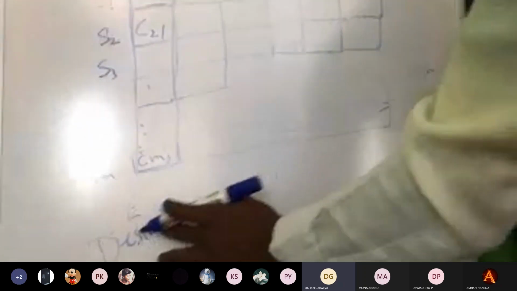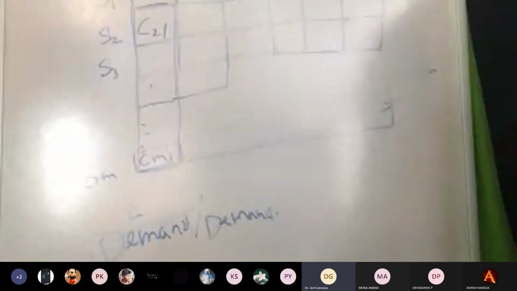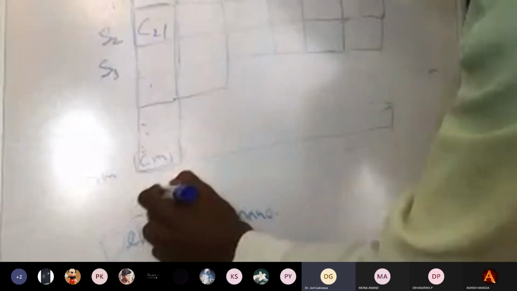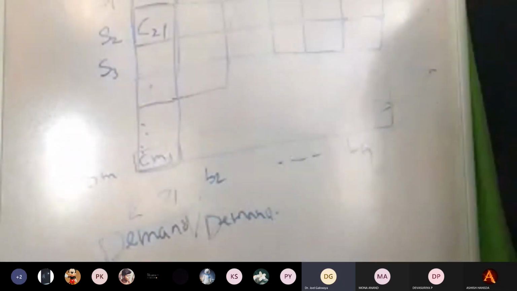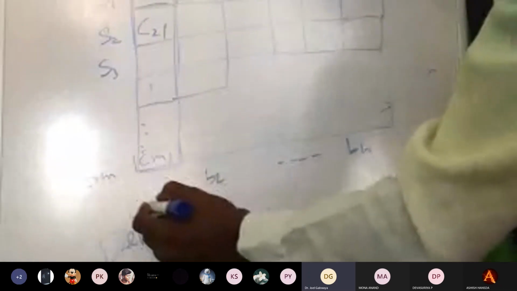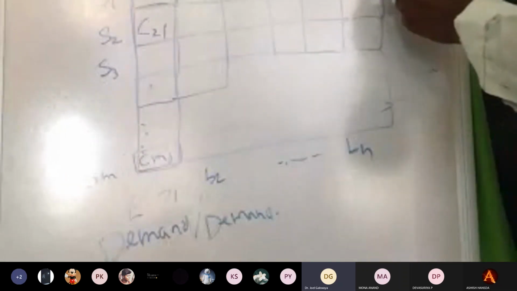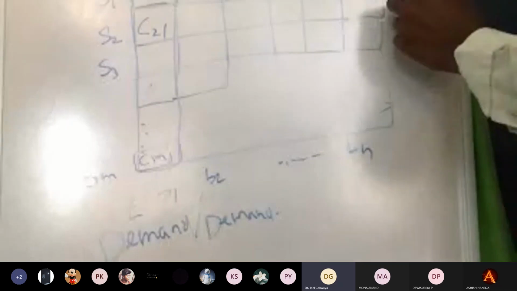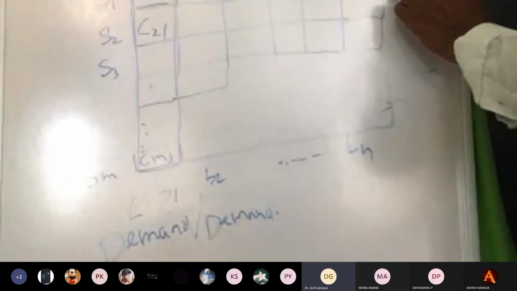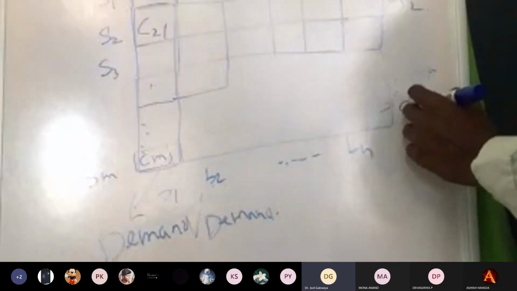We want to find the demand. Let's use demand, it will be very appropriate. So for the demand, we'll have demand 1, demand 2, till demand n. These are the demand values here. For the supply, we'll have supply A1, supply A2, and so on, going down till supply Am.